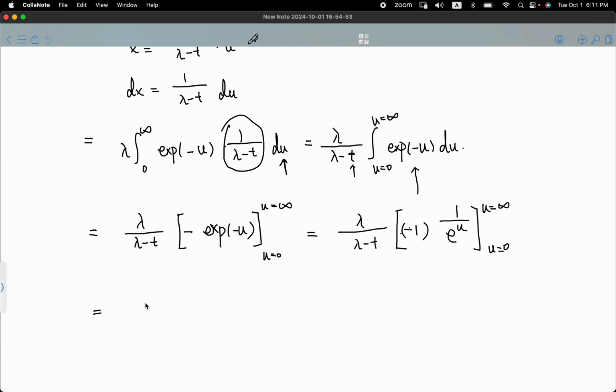So any thoughts? When you plug in infinity, what does that give you inside the square bracket? Basically you have a very large number in the denominator, so that should give you a 0, right? Yes, 0 minus negative 1.